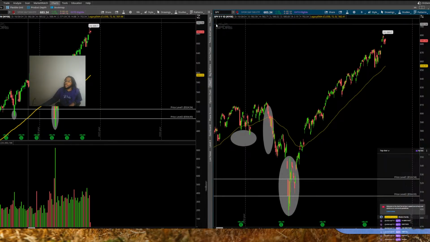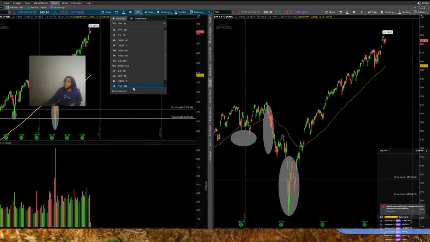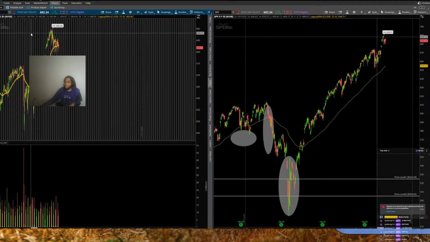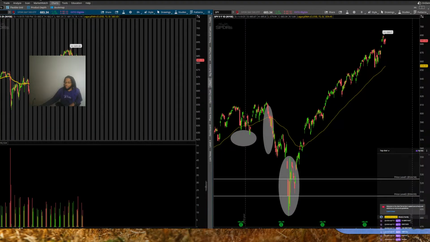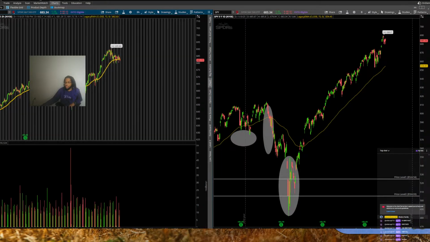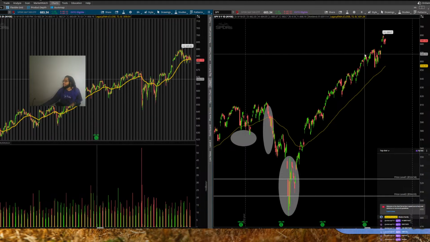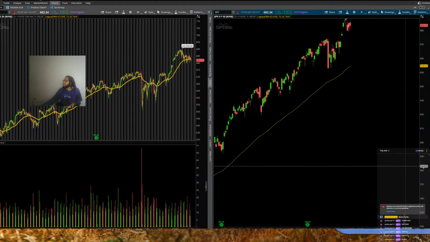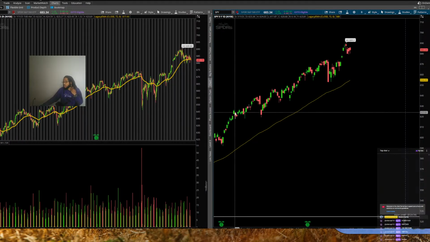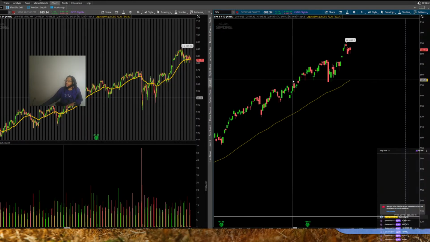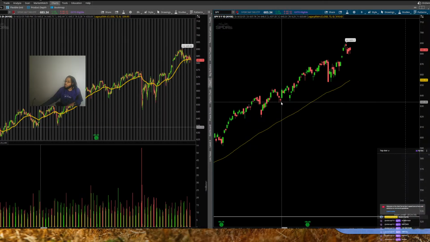Let's actually bring up a 2-hour just for some context. All right. So, look, over here, this whole entire time where we're going up and up and up, there have been pullbacks.